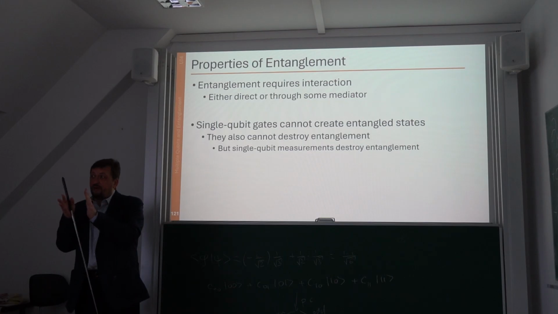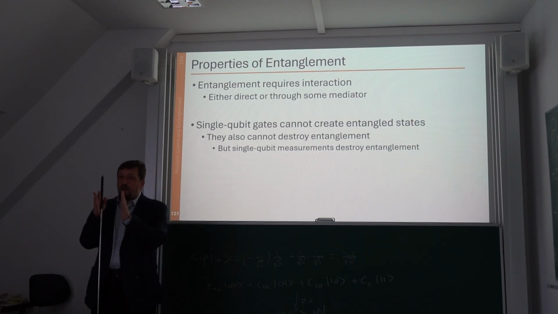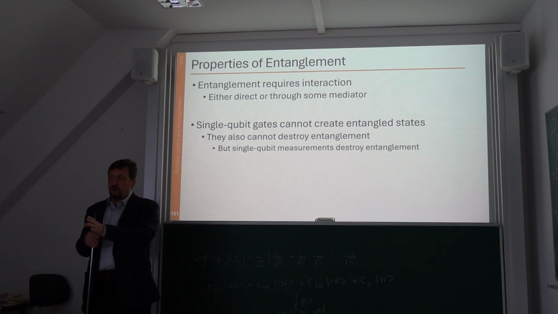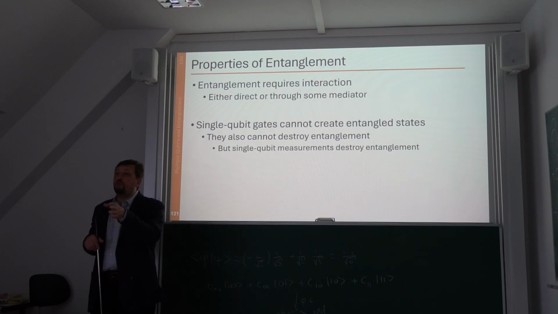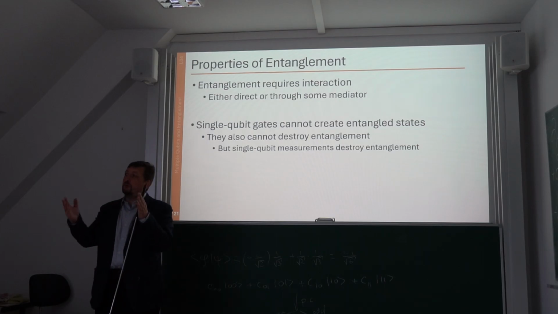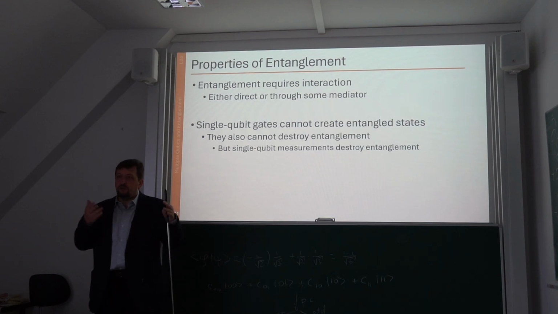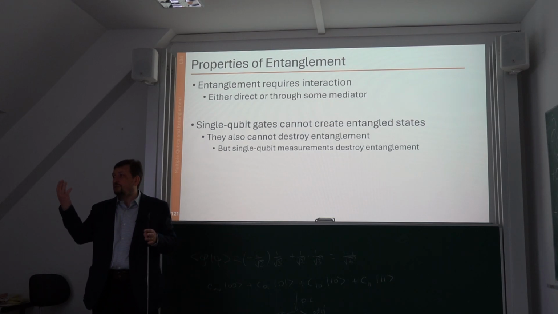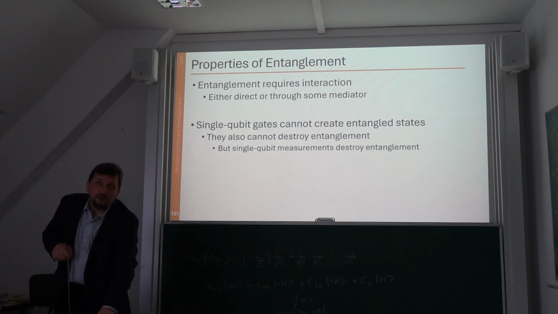If we have two entangled qubits and you apply single qubit gates to each of them, the qubits remain entangled. So single qubit gates cannot create or destroy entanglement. Entanglement can be destroyed by measurement. We have two entangled qubits, we measure one of them, and of course entanglement is destroyed, because after the measurement the state of this qubit will be definite.